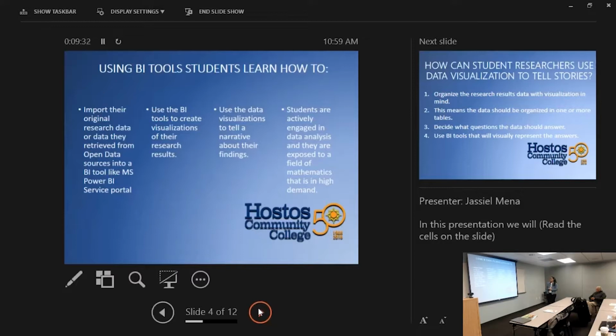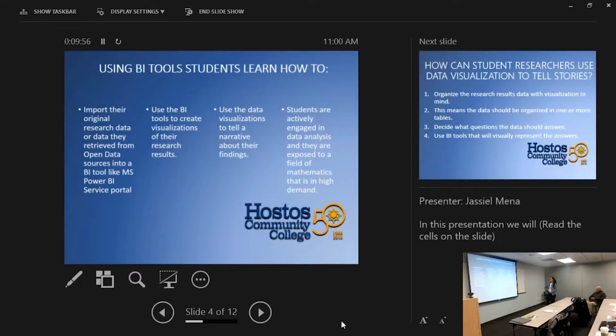So as students, first, we have to import the original research data, like for example me, where I have the original research data. But if you don't have your data, you can retrieve it from open data sources into the BI tool like the Microsoft Power BI Service Portal. Second, we use the tool to create a visualization about our research.